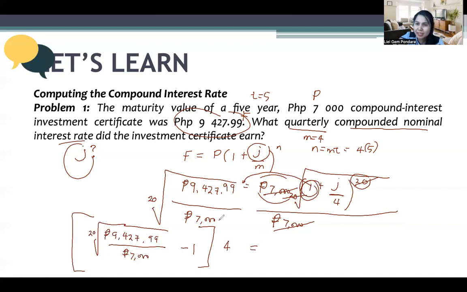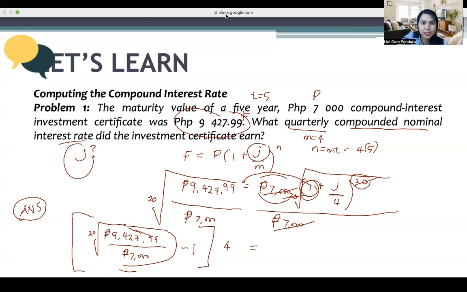Now, if you're using a 2-line calculator, you start here inside. Divide both, then the answer, you see in your calculator, you have ans. That will be a very big help. It means it will copy all the previous. This one, then the ans, 20th root, and enter again, -1, then end it with times 4.